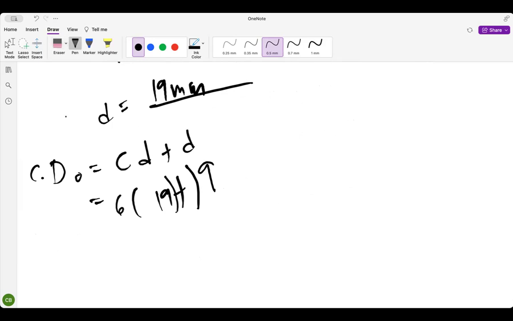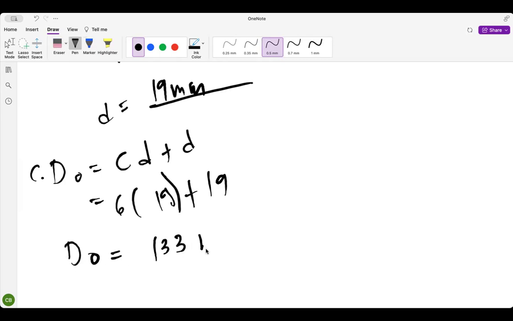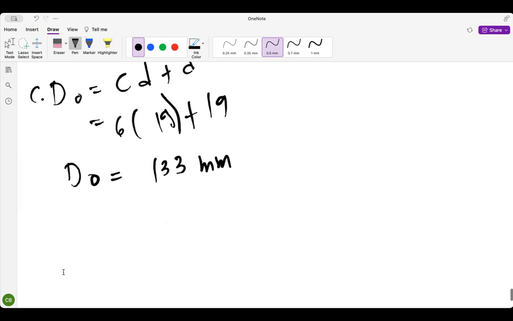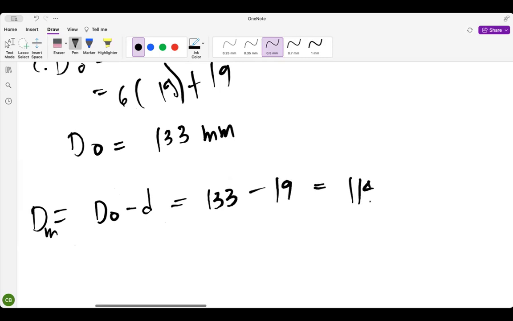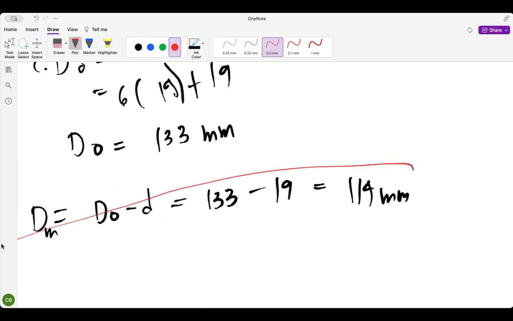So the outside diameter is 133 millimeters. Lastly, the mean diameter we get as the outside diameter minus d, or 133 minus 19, equals 114 millimeters. So we already have the mean diameter.